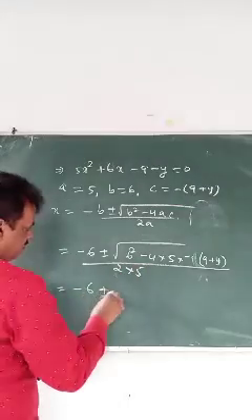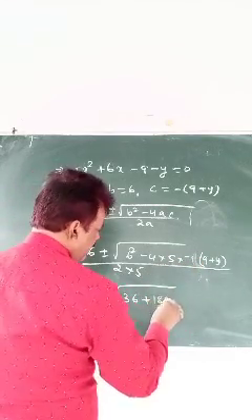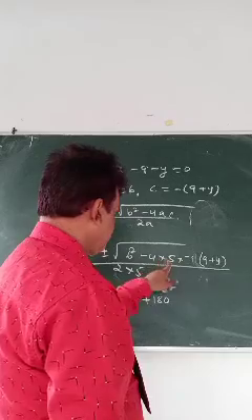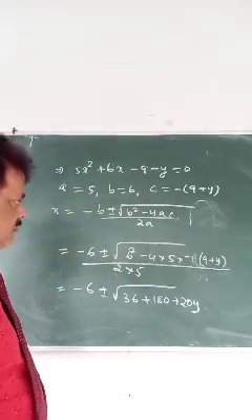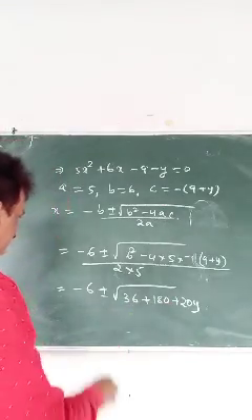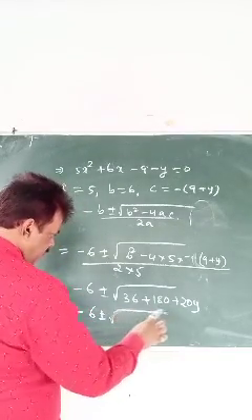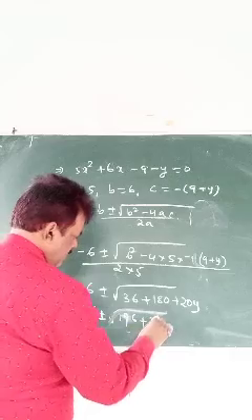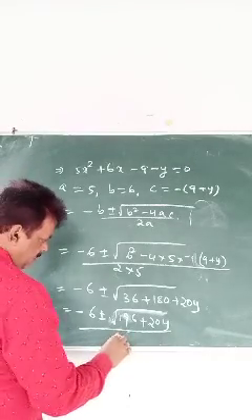That is minus 6 plus minus root of 36 plus 180 plus 20y, over 10.